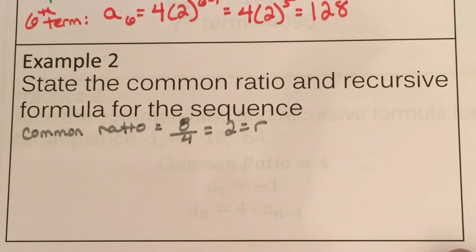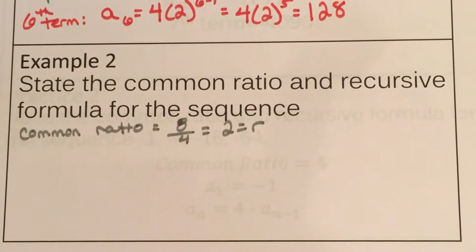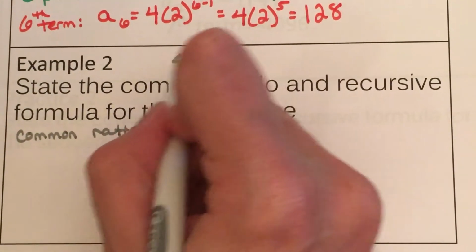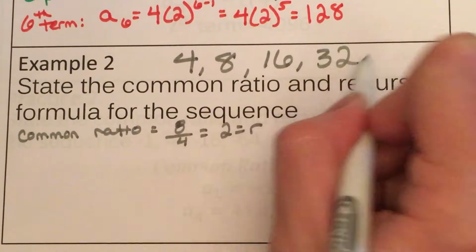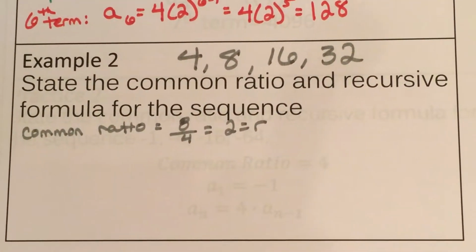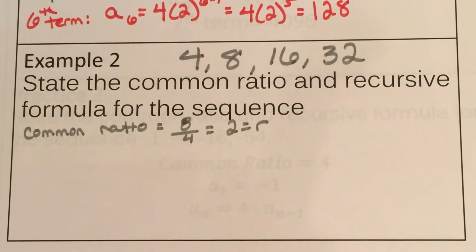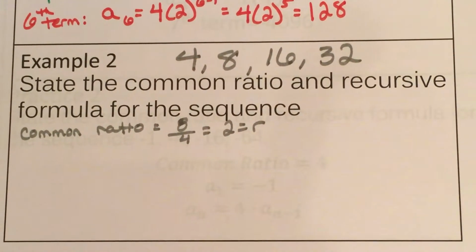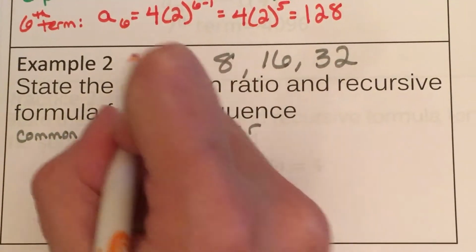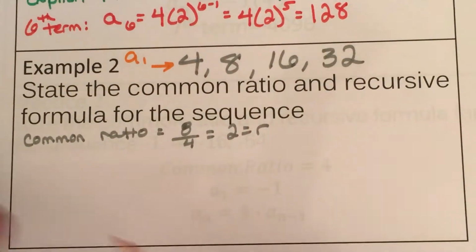It's the same sequence as listed above. And we'll rewrite it just in case you're wondering where this is coming from. Same one as above. So now the recursive formula, I again need to remember a sub 1. There's a sub 1.